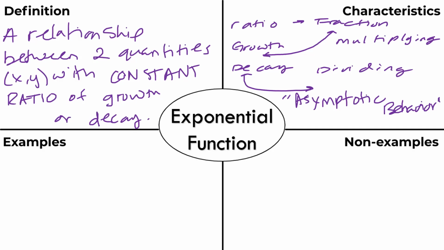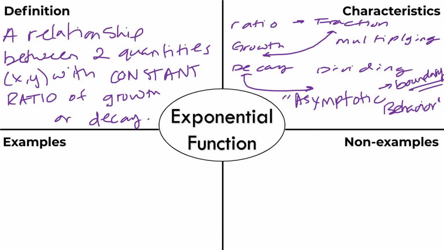Okay. Asymptotic behavior. That just means that I now have a boundary line. We're going to talk about it more, but you have a boundary.